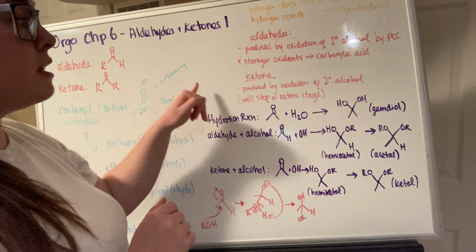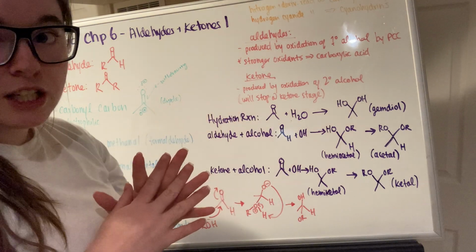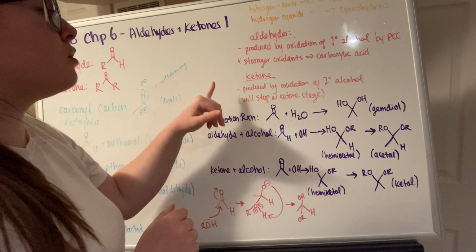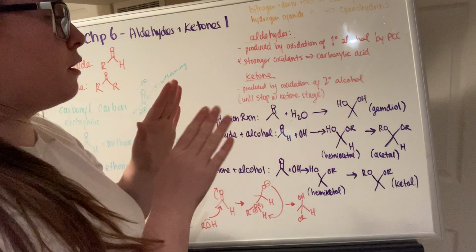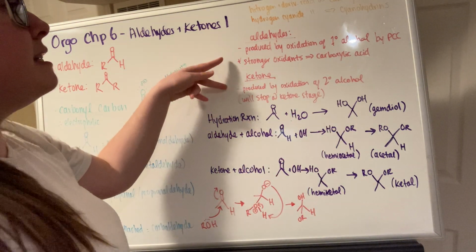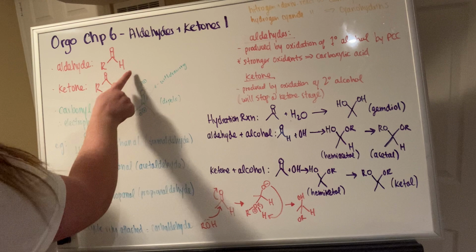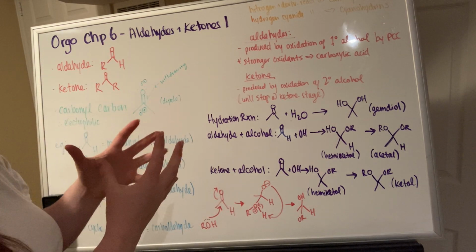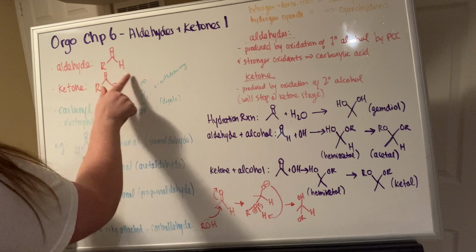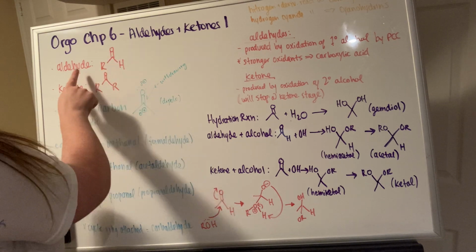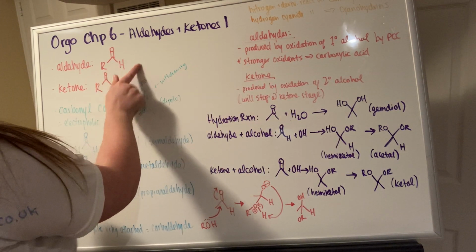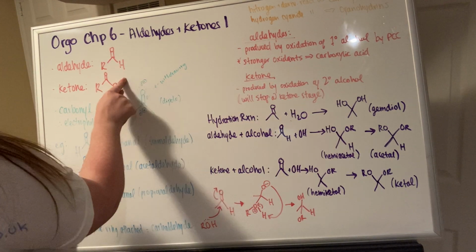Ketones, on the other hand, are produced by the oxidation of a secondary alcohol, and the ketone will stop; it can no longer be oxidized past the ketone stage. If we look at the difference, it makes sense conceptually that this is the case, because we're looking at this aldehyde that has a hydrogen on this end. The difference between an aldehyde and a carboxylic acid is that we would have another O here, right, which is still dealing with this end of the molecule over here.